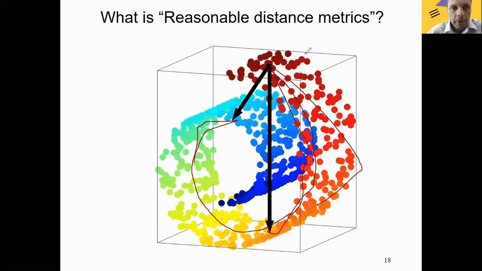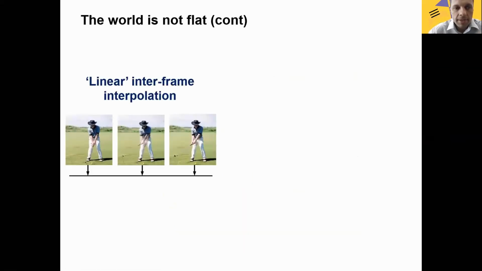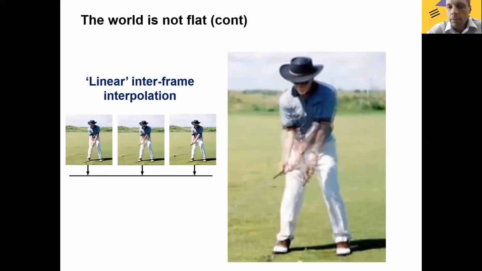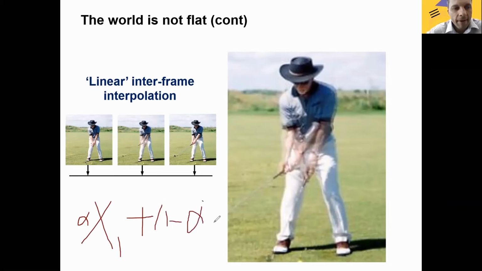So this is the fundamental issue. If we just use a linear interpolation between consecutive frames, that is, if we just calculate the linear combination of the frames, alpha x1 plus (1 minus alpha) x2, then this is the same as linear interpolation.